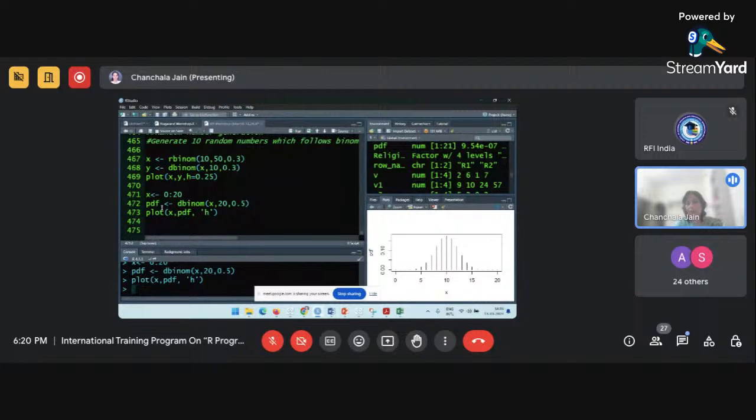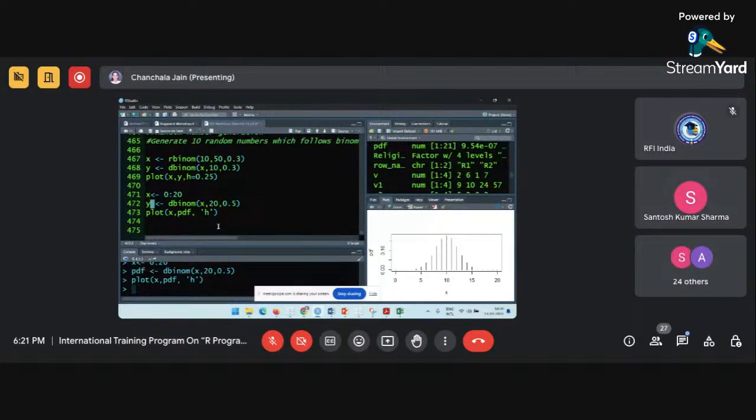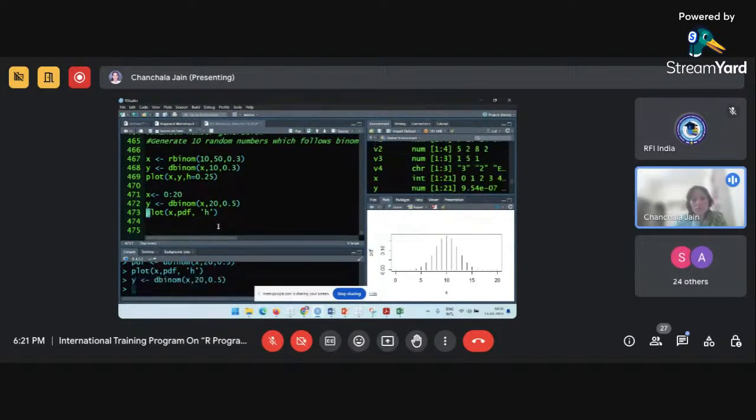And then I'm plotting a graph using X versus PDF, that is the exact probability distribution, right? And then I want to plot a histogram. So I passed here H. So this way you can see, this is a histogram. And what is PDF? PDF is the name of the variable, sir. You can use Y also, no problem. So that also works. It is not necessary you need to pass PDF. You can write Y also.